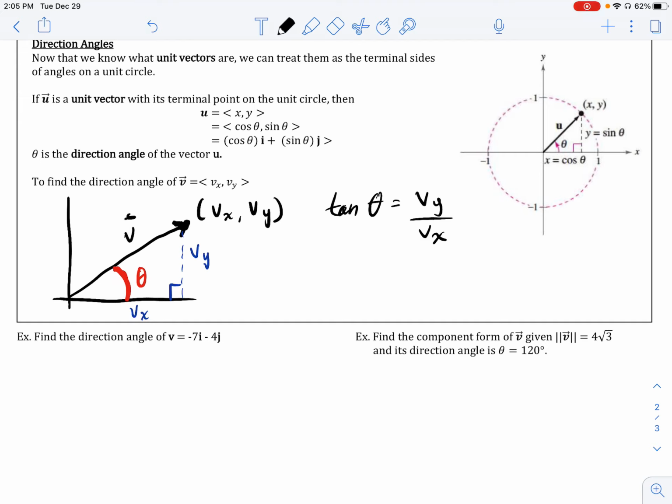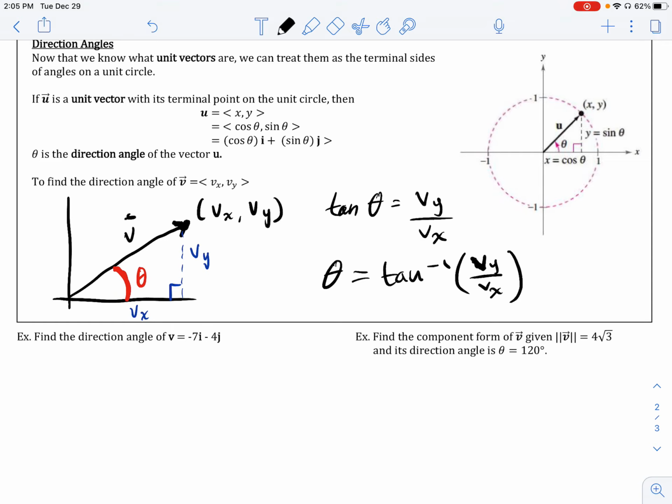So to find a direction angle, to find theta, we can simply do the arc tangent, or the inverse tangent, of v sub y over v sub x. Just make sure I emphasize that was a v, right?